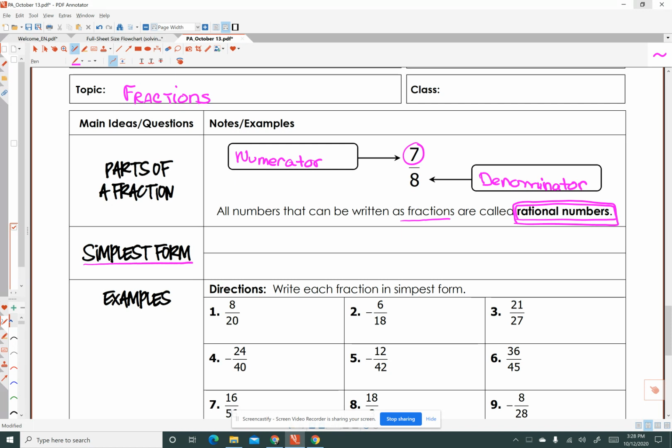And the simplest form of a fraction is a fraction that cannot be simplified any further.